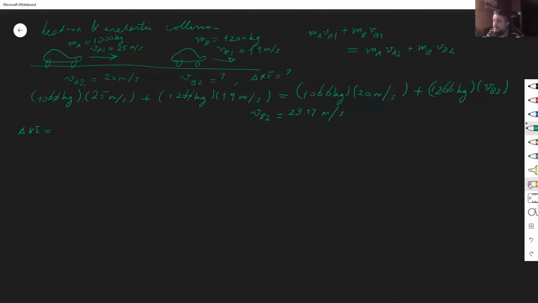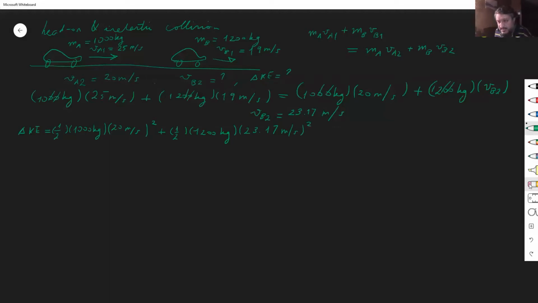All right, so the final total energy is 1/2, let's go one by one, 1,000 kilograms, this is your mass, times the new velocity, 20 meters per second, squared, plus 1/2 times 1,200 kilograms times 23.17 meters per second squared.